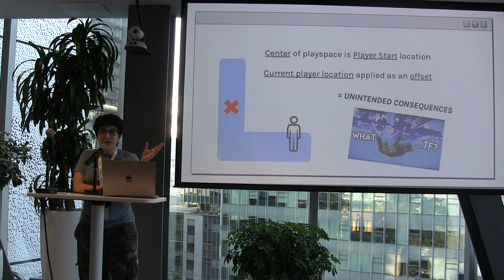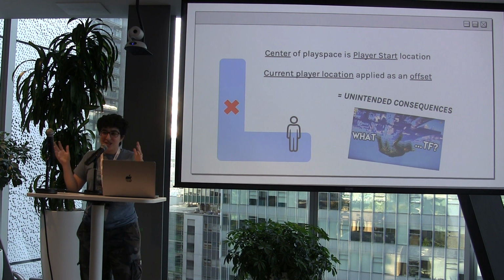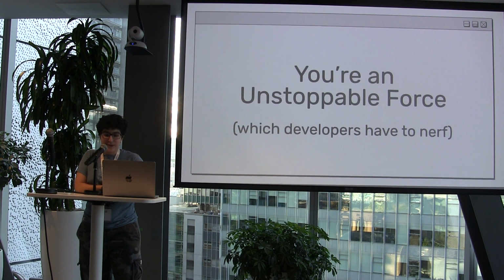So the player location is just applied as an offset. And I noticed a lot of other big budget games also make the same mistake. So if anyone is ever making a VR game, keep this in mind. Make sure you teleport based off of the player location right at the very start of the game, just to get the player in the right spot.